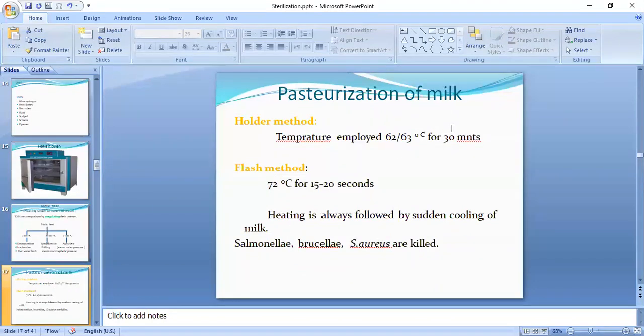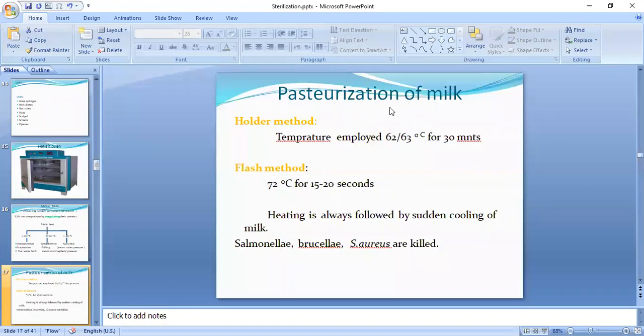Pasteurization: this term is more or less referred to milk. The procedure that is employed in order to decontaminate the milk is called pasteurization. Some bacteria are present in the milk, and we get rid of them by pasteurization.